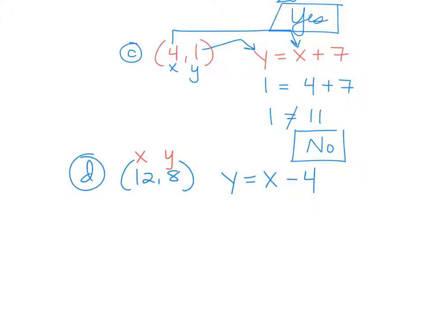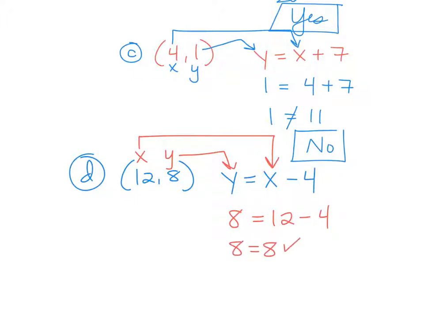So I'm going to take that 12 and I'm going to put it here, and I'm going to take that 8 and I'm going to put it here, right? So we're saying 8 equals 12 minus 4. 8 equals 8 is true, so my answer would be yes.